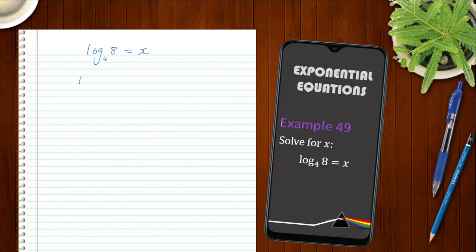So 4 to the power of x is equal to 8. Okay, so that's our exponential form. And then we know with exponential equations, get them to the same base. So 2 to the power of 2x is equal to 2 to the power of 3. We drop our bases. 2x is equal to 3. Divide both sides by 2. So x is equal to 3 over 2.